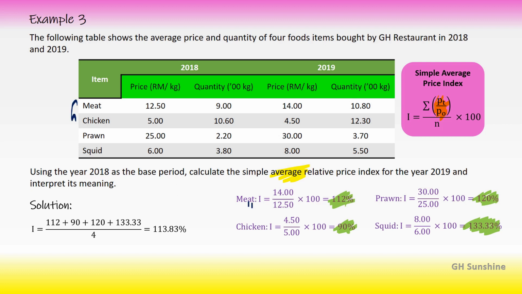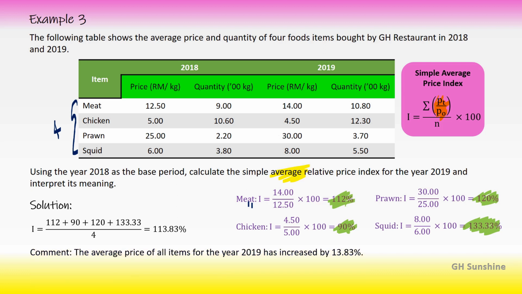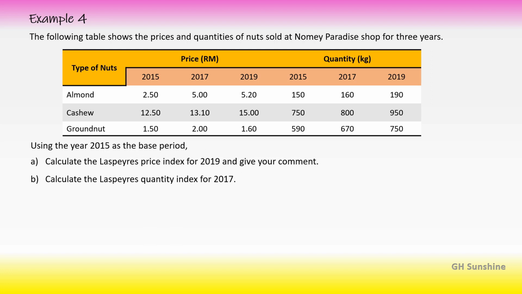Because you have 4 different items. At the end, you got 113.83%. Then interpret. So based on the value obtained, the value is greater than 100%. Therefore, the average price of all items for the year 2019 has increased by 13.83%.